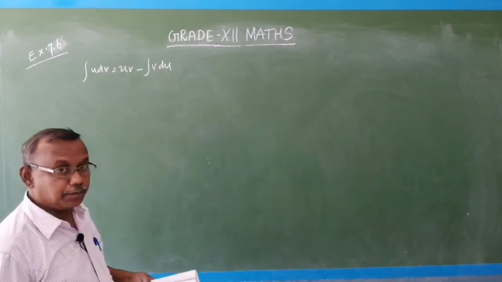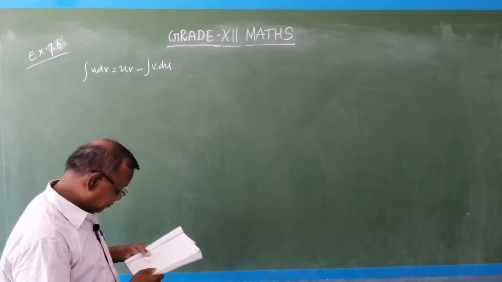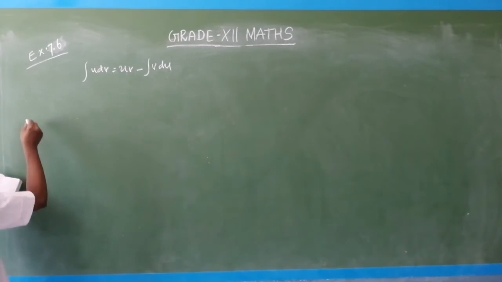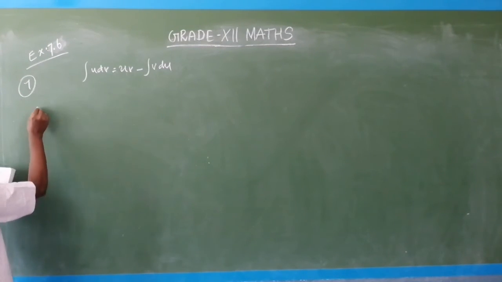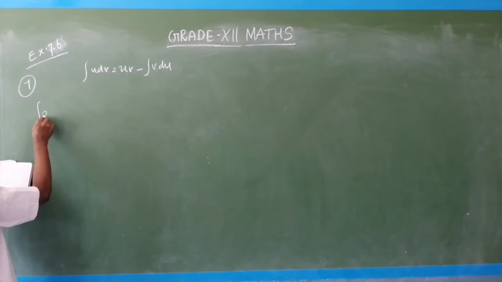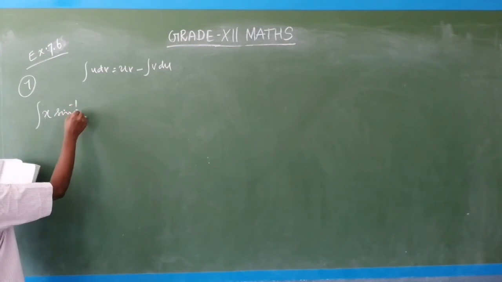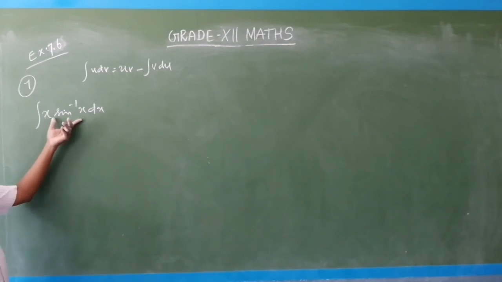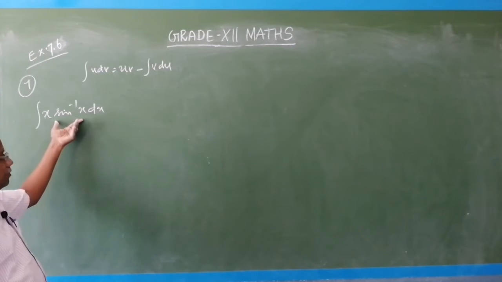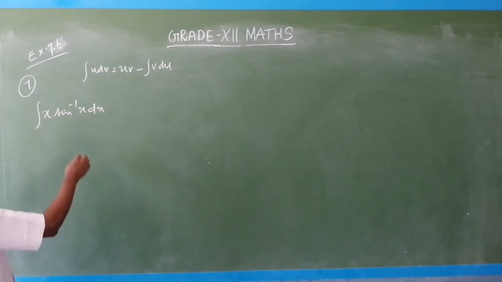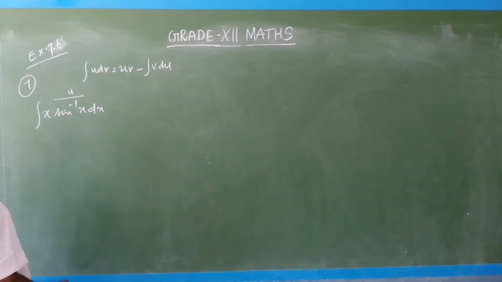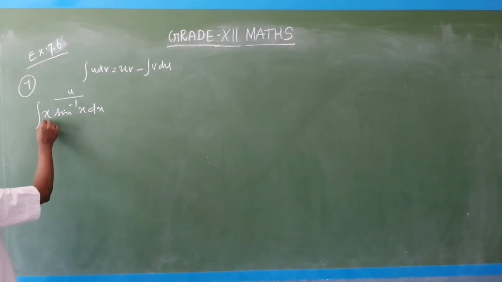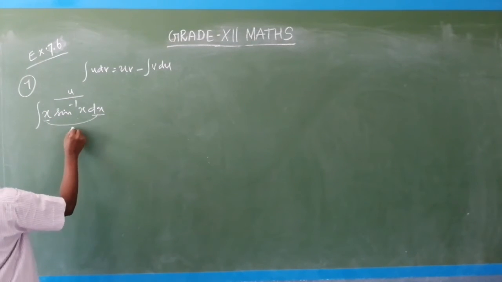So, next problem number 7. We were given the 7th problem, integral x into sin inverse of x into dx. We do not have a formula for integrating sin inverse of x. So, take sin inverse of x as u and x dx as dv.